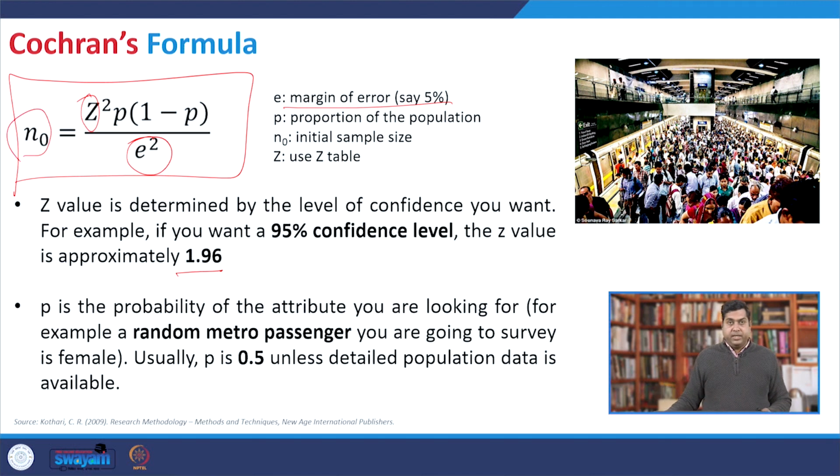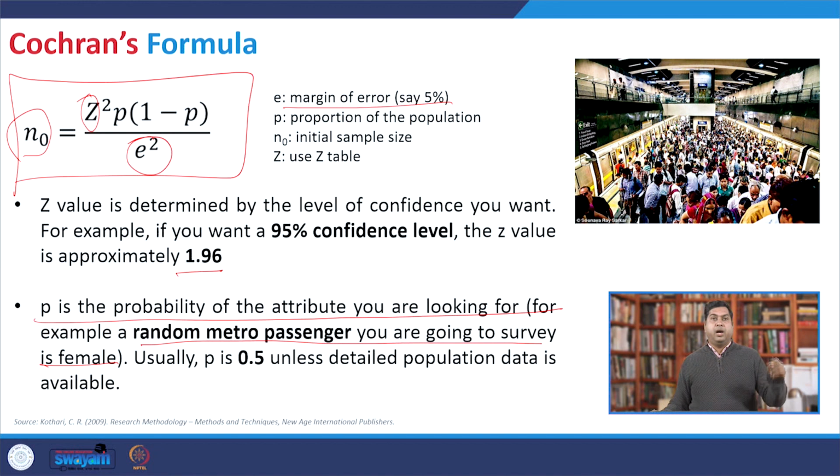Now p is a very interesting aspect, which is called the population proportion. p is the probability of the attribute you are looking for. For example, a random metro passenger you are going to survey is female. We don't know the mix, male and female, they are the passengers.